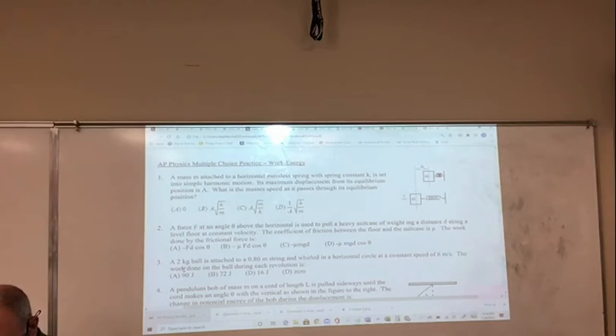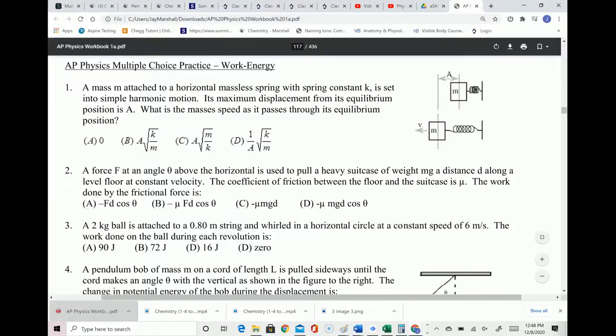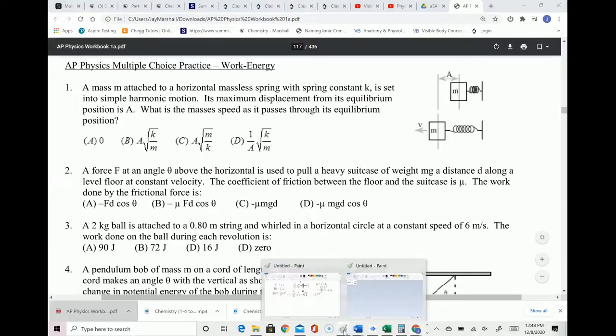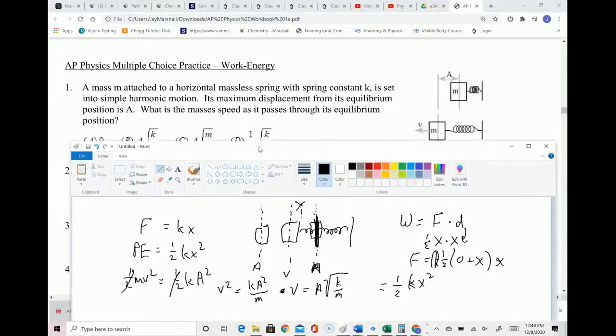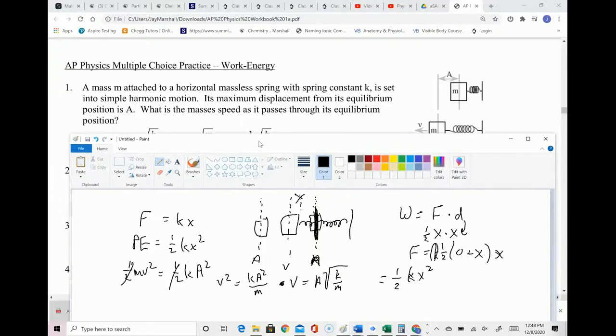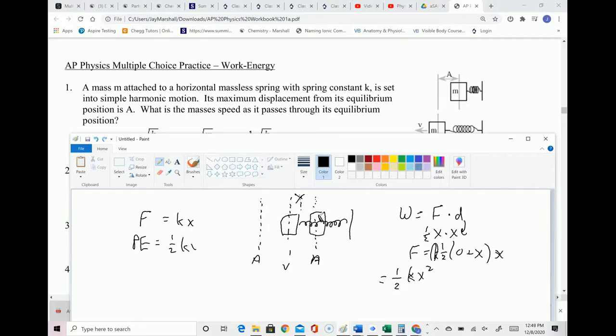But again, we know that when we have compression of the spring to this point, remember that the potential energy that we have is 1/2 kx squared.